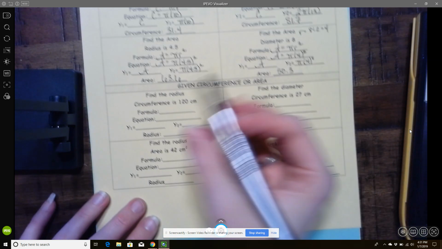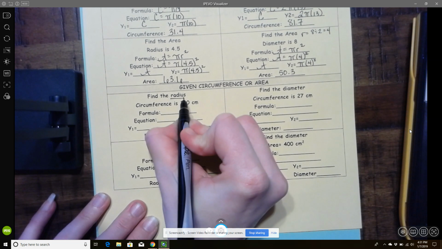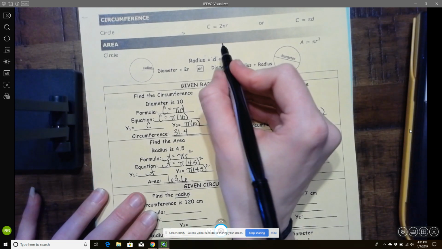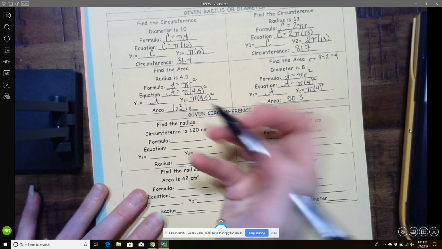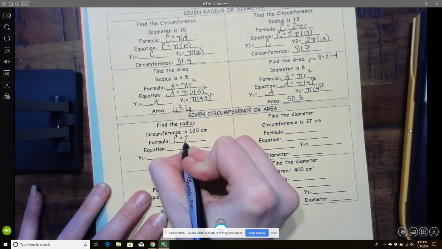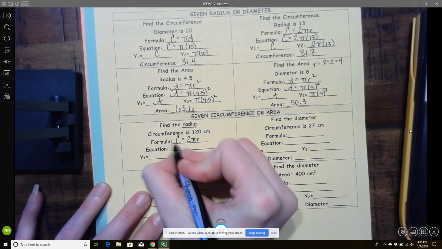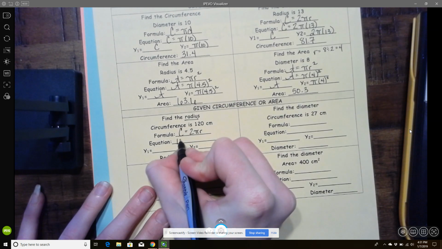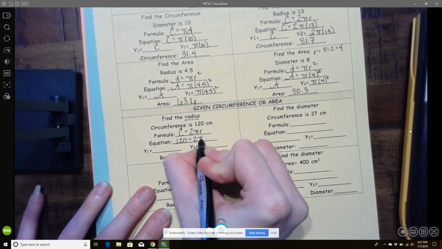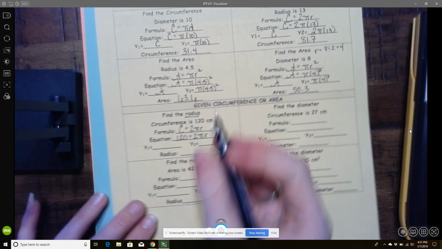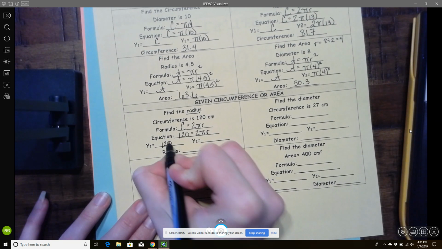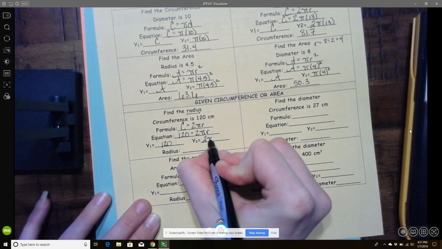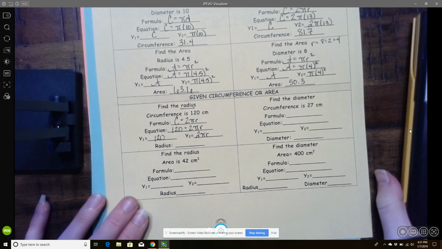All right, down here at the bottom, they're giving us the circumference, and we're going to have to find the missing pieces. So I'm looking for the radius. So that means I want to use the circumference formula that has radius. So C equals 2 pi r. This time I'm going to sub in for the C because they give me the circumference. Okay, so y1 would be 120, y2 would be 2 pi r.